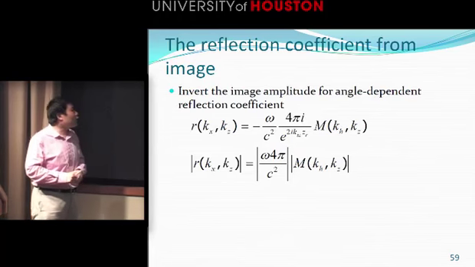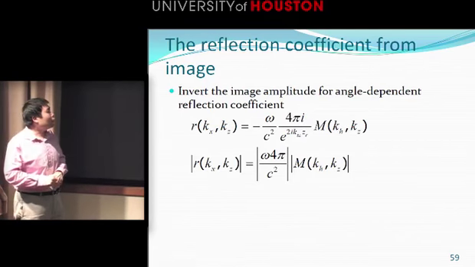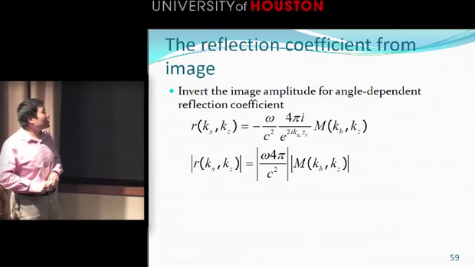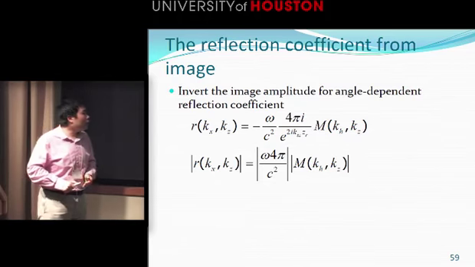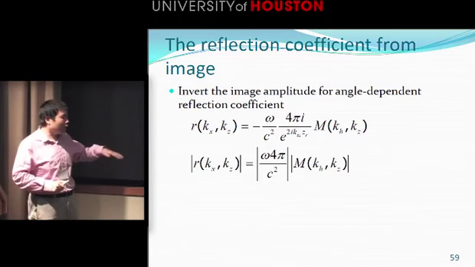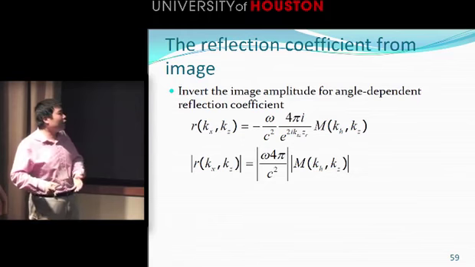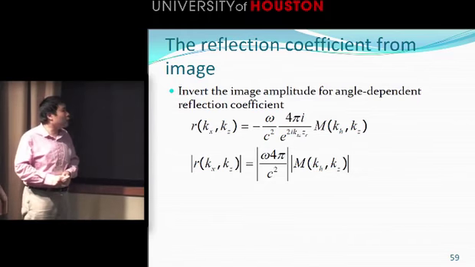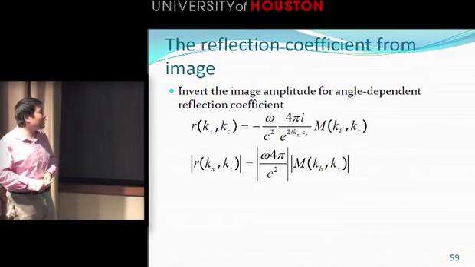So we figured out a formula which can calculate the angle-dependent reflection coefficient from the wave equation migration result. This is the formula. We skip the details of the mathematical derivation. If you want, you can look at the report, which has the full derivation.